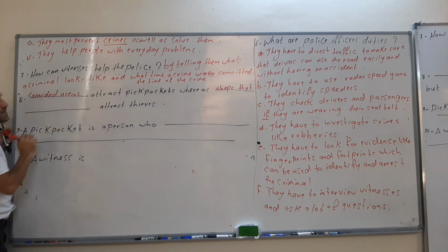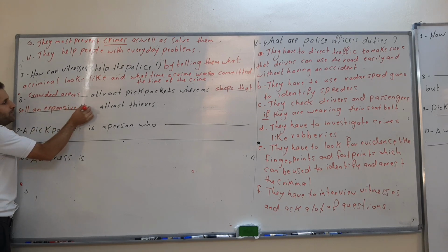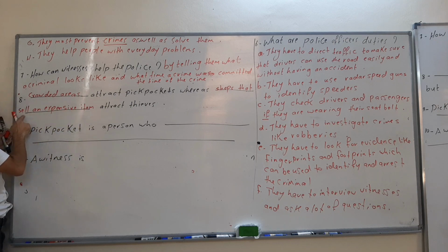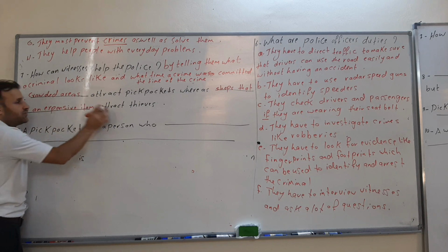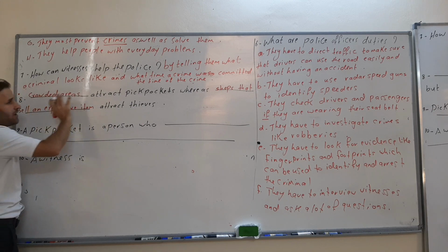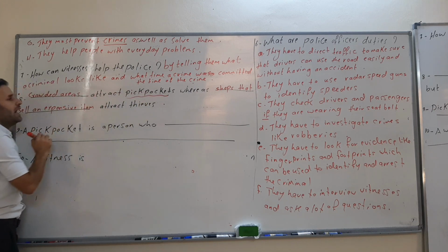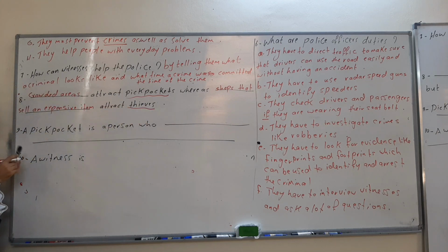Whereas shops that sell an expensive item, or we can say sell expensive items. Both of them are correct. This is singular. Sell an expensive item, or expensive items attract thieves. Okay, this is important. So the crowded area attracts pickpockets and shops that sell expensive items attract thieves.